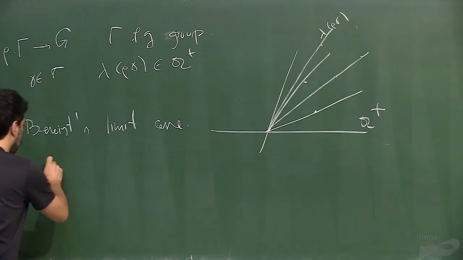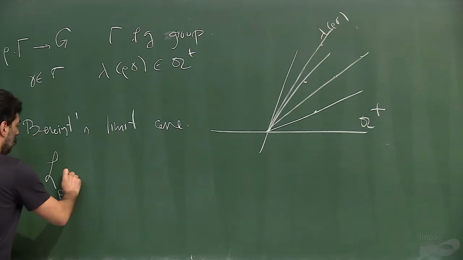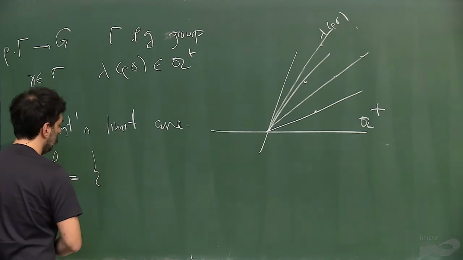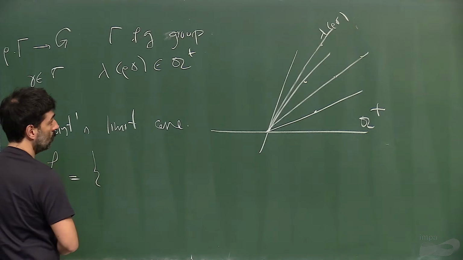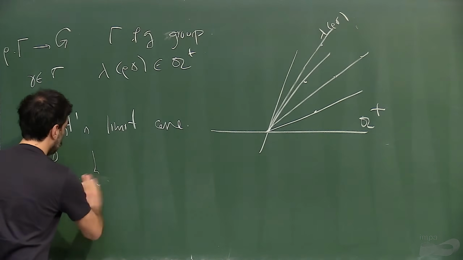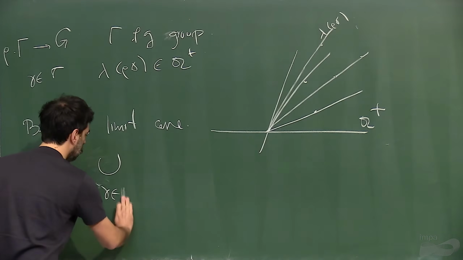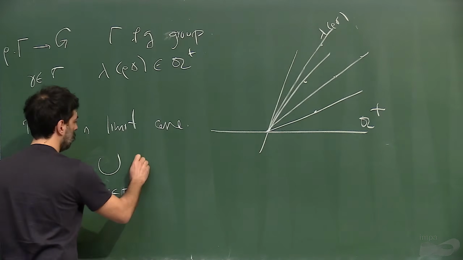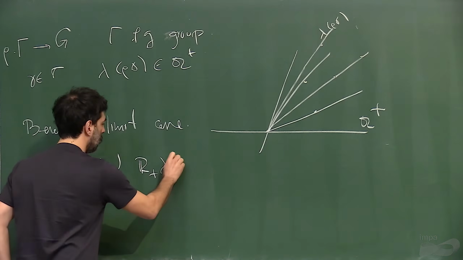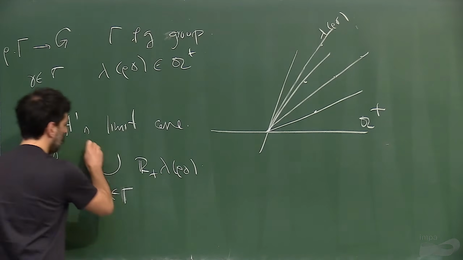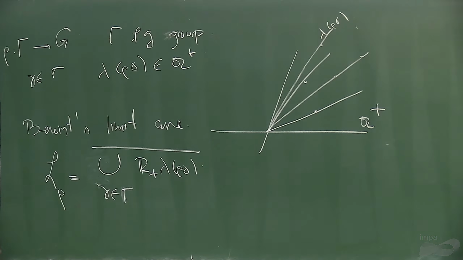So what is this Benoist cone? Let me call it L of rho. This is essentially the union over gamma in the group of the half line determined by the vector of eigenvalues, and then I take the closure.